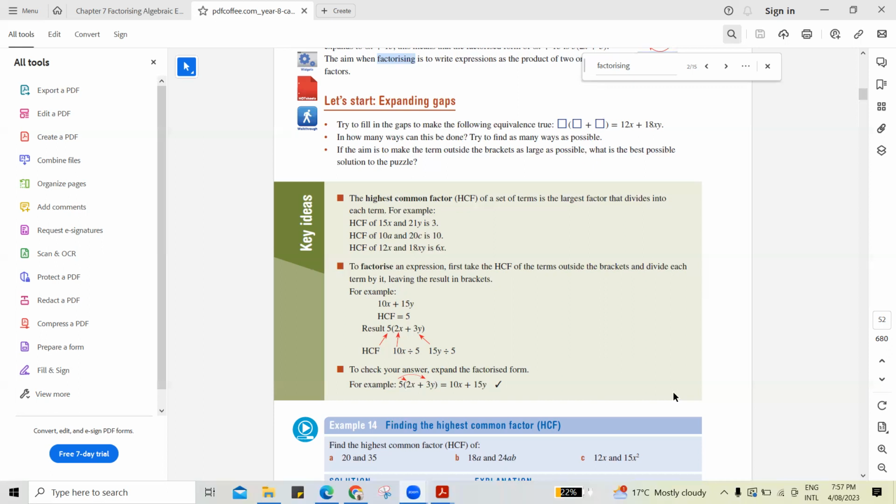What is the number both can be divided by? 5. Yeah, good job. 5.